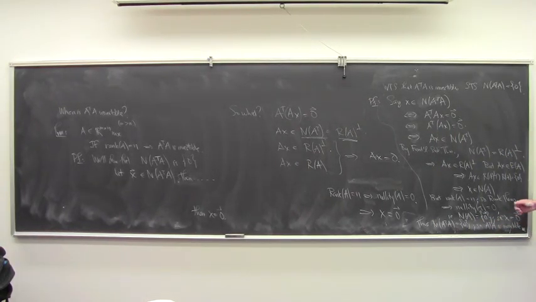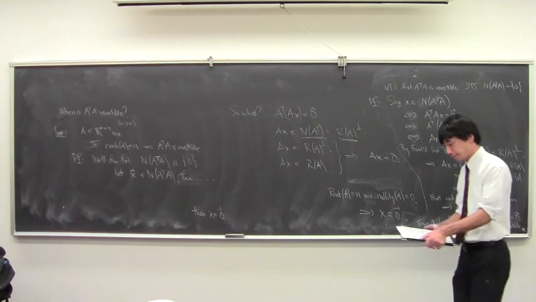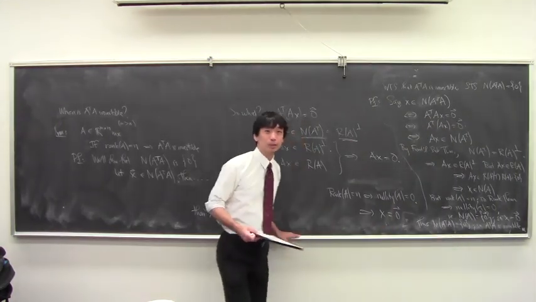I tend to use the arrows for more significant equivalences, and I use i.e. for things that are pretty trivially equivalent to each other. The double arrow just means is equivalent to, and the forward arrow means implies that. It's a then, basically. Okay. Other questions?